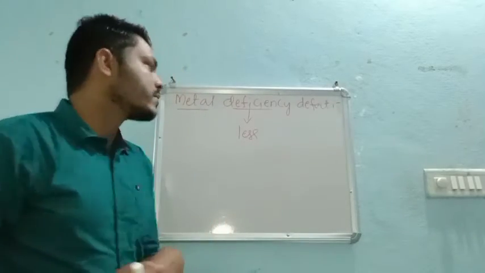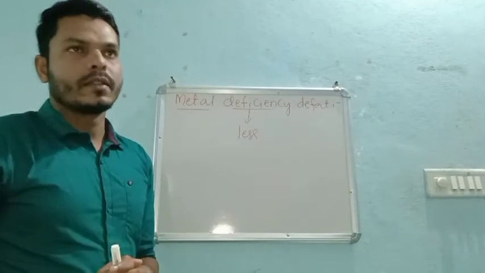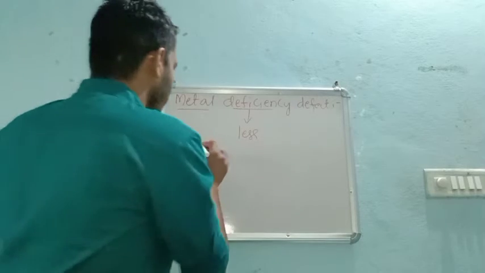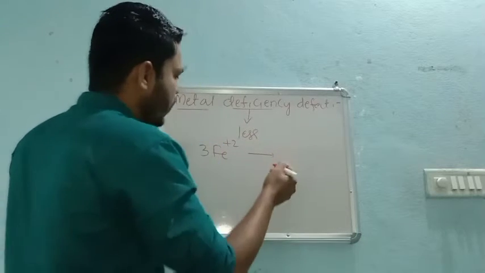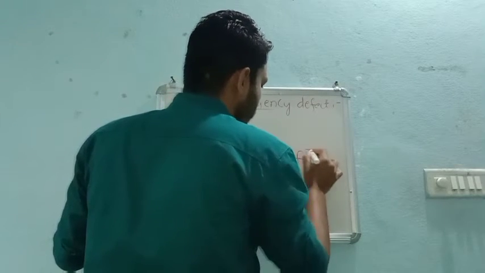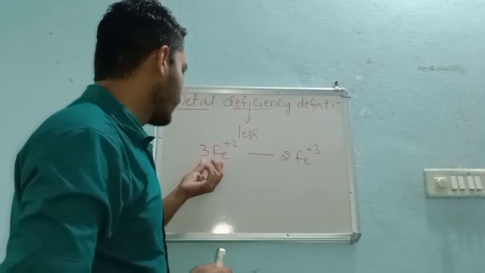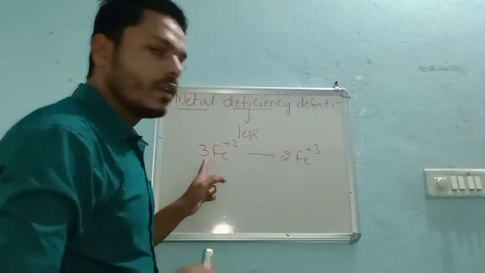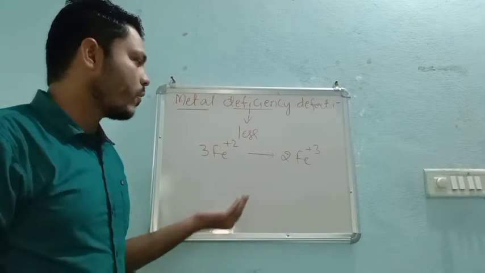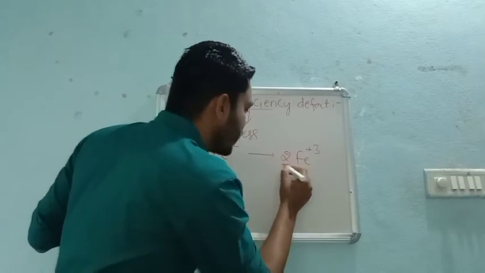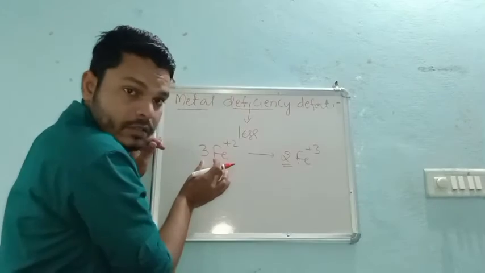Whenever a metal undergoes some defect, see, 3Fe plus 2 undergoes a reaction to give 2Fe plus 2 or plus 3. Before, there were 3 irons with plus 2 charge. After the defect, the number of iron decreased. That means less metal; iron is a metal.